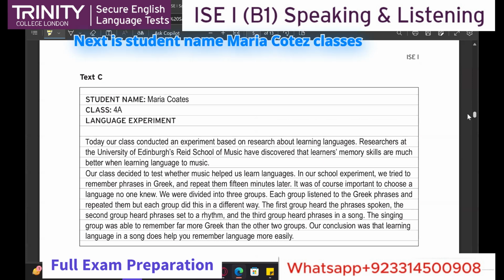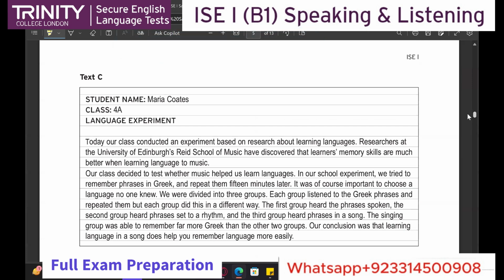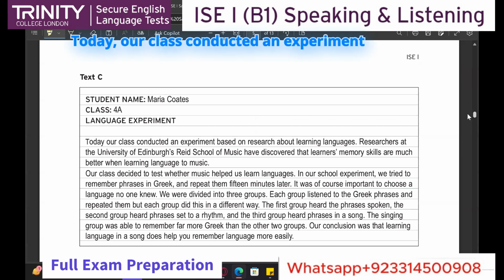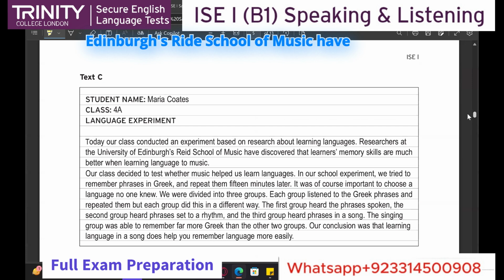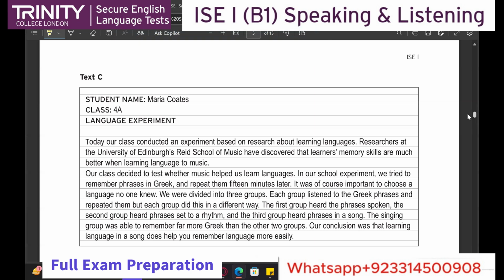Next is a student named Maria Cortes, classes for a language experiment. Today our class conducted an experiment based on the research about learning languages. Researchers at the University of Edinburgh's Wright School of Music have discovered the learners' memory skills are much better when learning language to music.